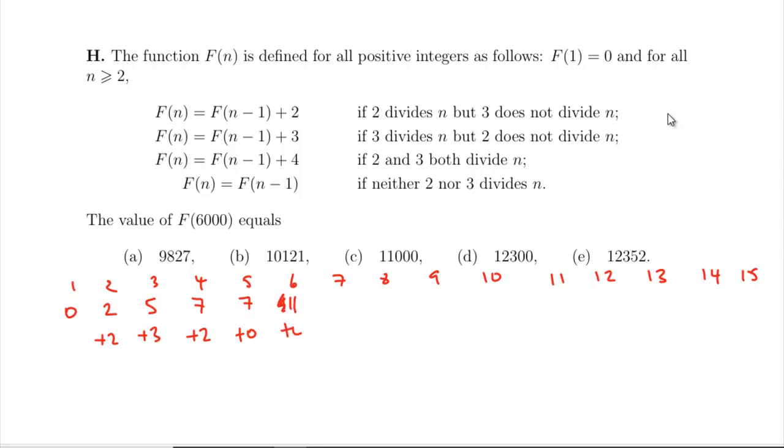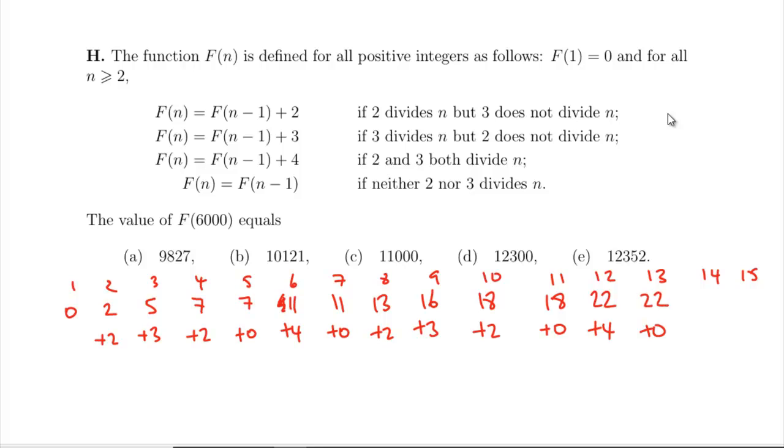So 11 +4. 7 is the same as the previous number, because it's not divisible by 2 or 3. 8 is the first one, so +2. 9 is the second one, so +3. 10 is the first one, +2. 11, that's prime, so +0. 12 is both, +4, so 22. 13 is +0.